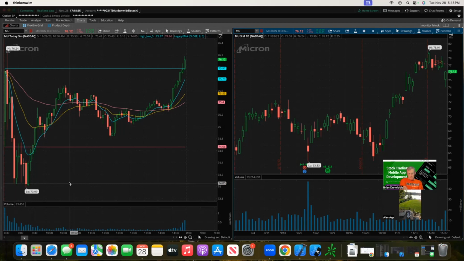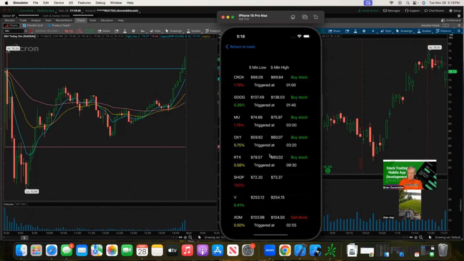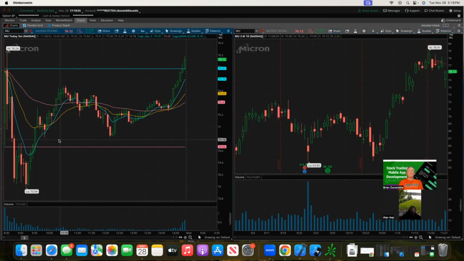Beautiful. Like I said, I want to get this version in production soon because it has these percentages that are helpful to pick which stocks to trade. Boy, did MU have a beautiful rise at the end of the day, huh? Look at this. It went from 74 up to 76.